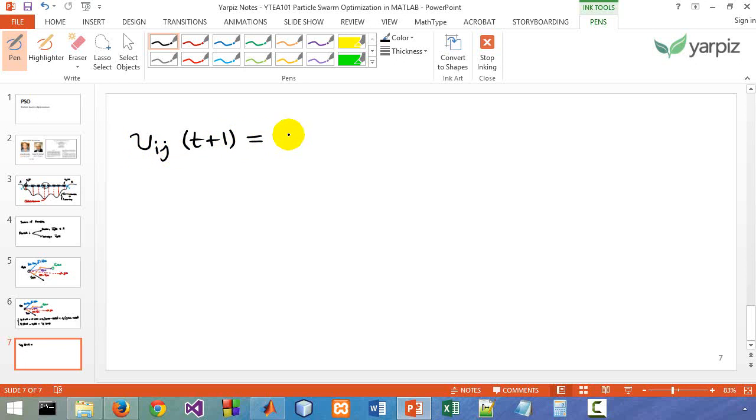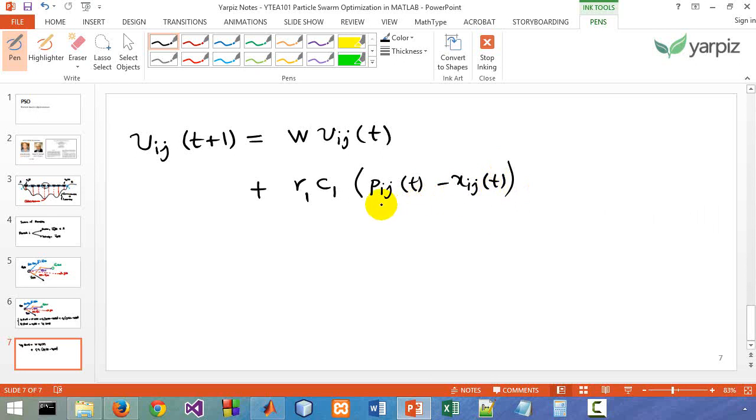Vij t plus 1 equals w times Vij in time step t, plus a random number uniformly distributed in the range of 0 to 1, r1, times c1, a coefficient known as the acceleration coefficient, times pijt minus xijt, and by j, obviously we are considering the j's component, plus r2, also like r1 a uniformly distributed random number in the range of 0 to 1, r2, c2, another acceleration coefficient, gjt, the j's component of global best at time step t, minus xijt.